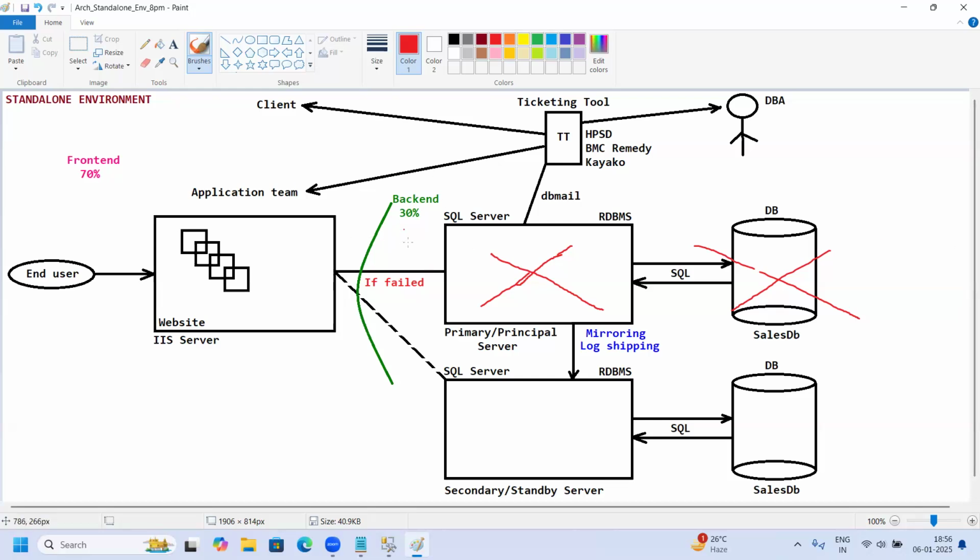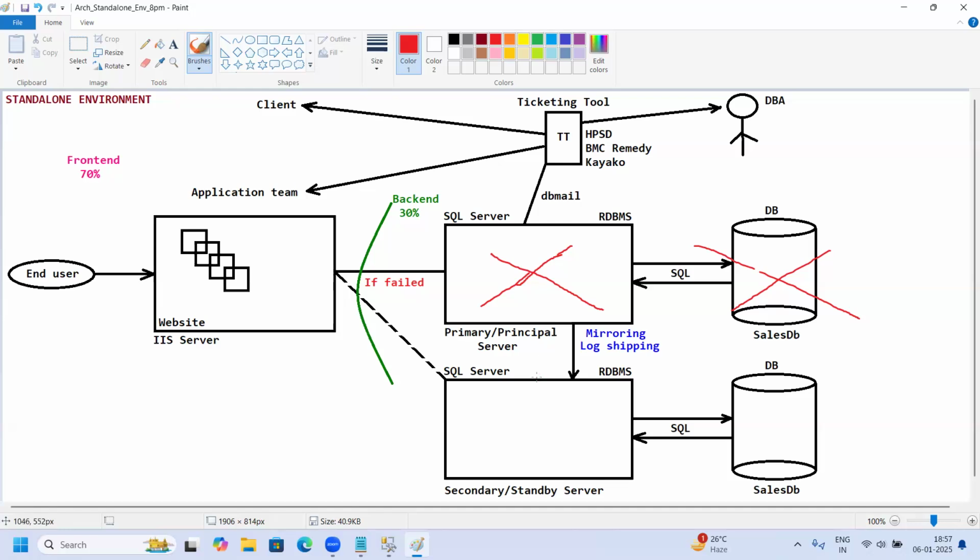But this end user already purchased some products. His information was there in the SalesDB. And that SalesDB is not working for us. That is the reason. What happens is this primary server and this secondary server, they both are connected. They both are linked servers.